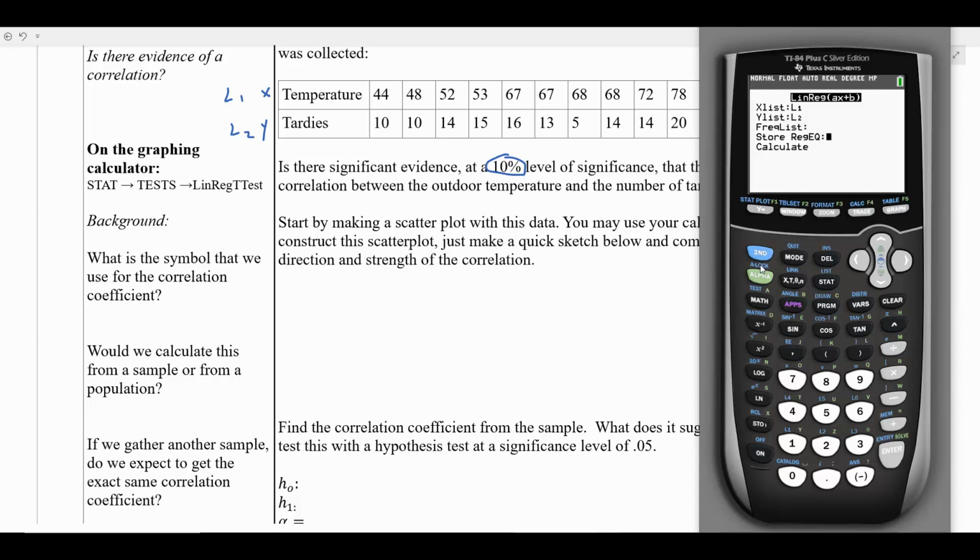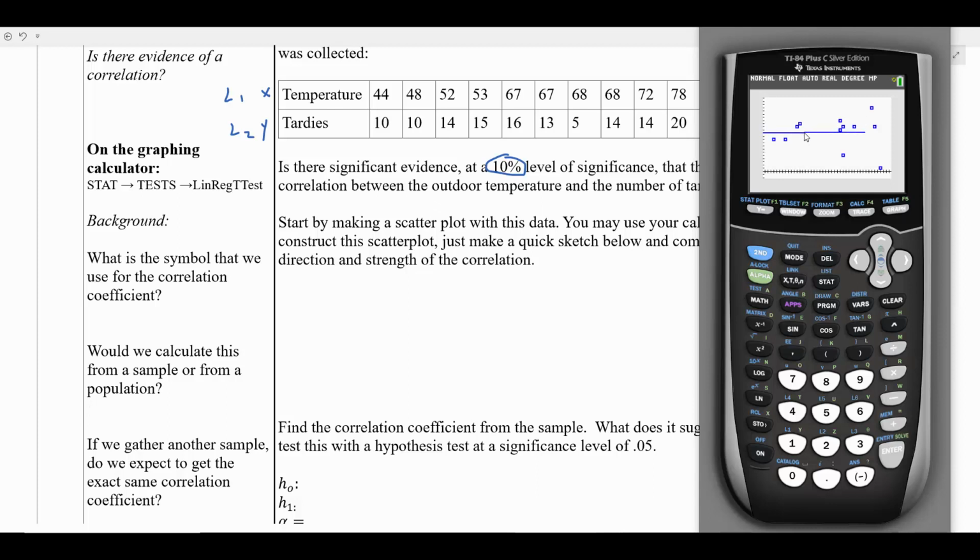So I'm going to go green, right? So yesterday we talked about this. You go to the green button and then trace. And then you can select option 1 for Y1. It'll input your regression equation into Y1 and graph it. So I'll go ahead and hit calculate. See what I get. And I'm going to hit graph.